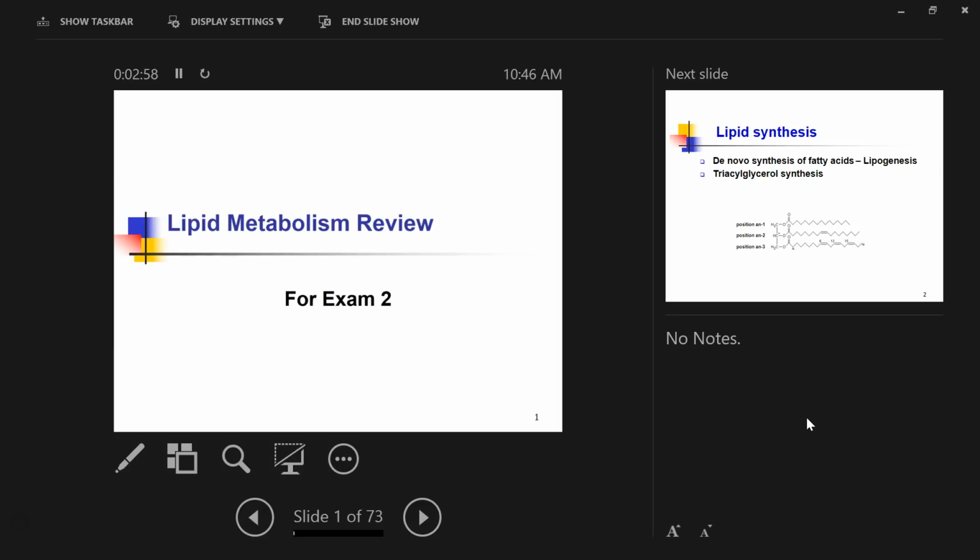And number 9. What is the most important step of lipogenic regulation, and how is lipogenesis regulated allosterically and covalently? The question is actually just asking how lipogenesis is regulated by several different regulators.